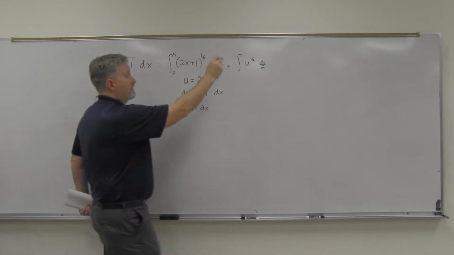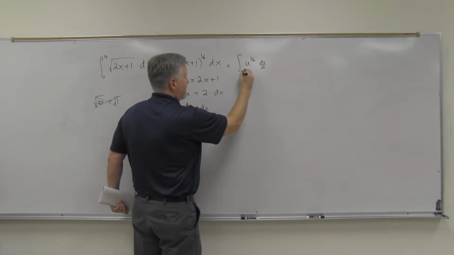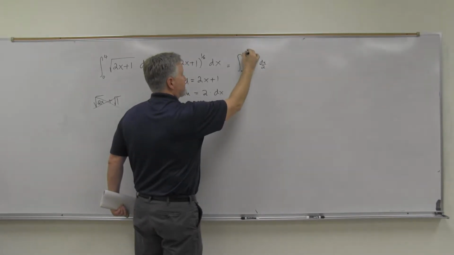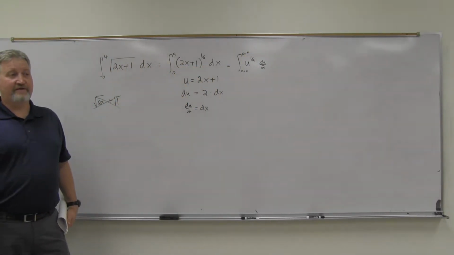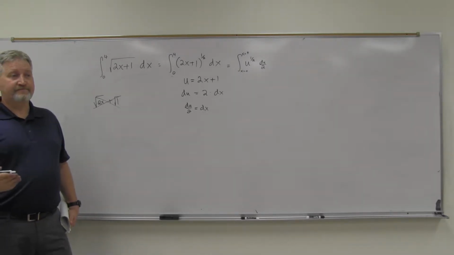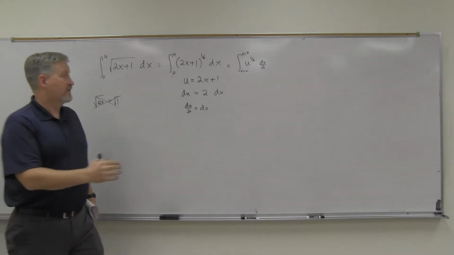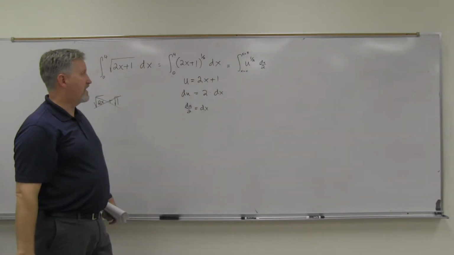Well, now that I've gone to u's, these limits still are in terms of x. So that's the first point here about these definite integrals: when we change over to u's, unless we change them, these limits are still in terms of x, okay? So keep that in mind.